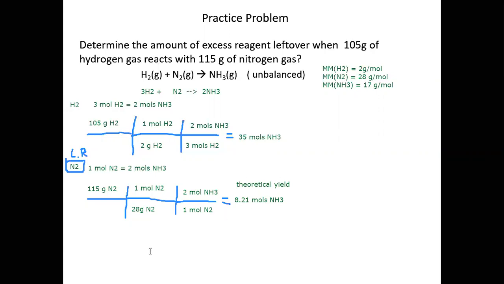And now for the excess reagent, we need to convert the moles of ammonia into moles of excess reagent to see how much of the excess reagent we used. And that we need to convert to mass. So again, we have 8.21 moles of ammonia.